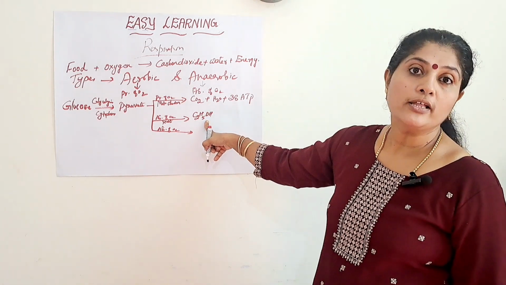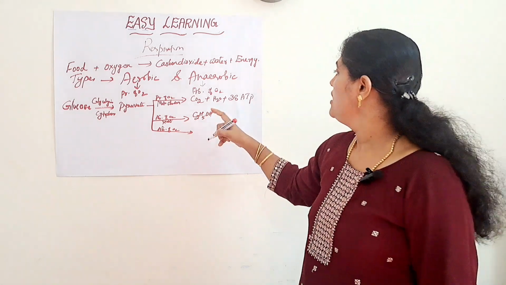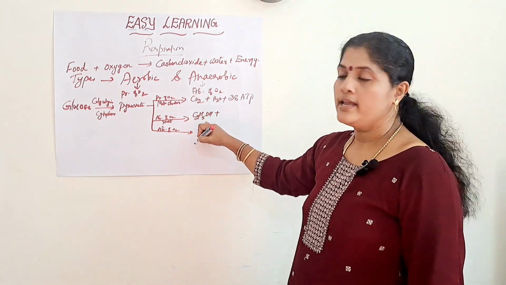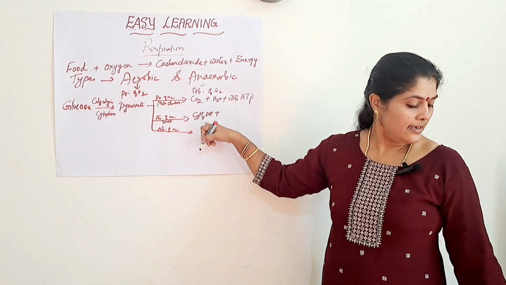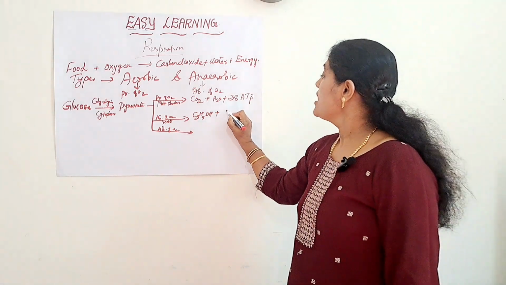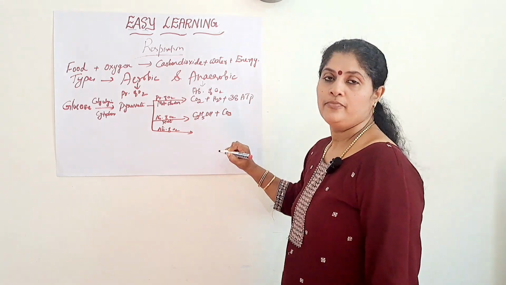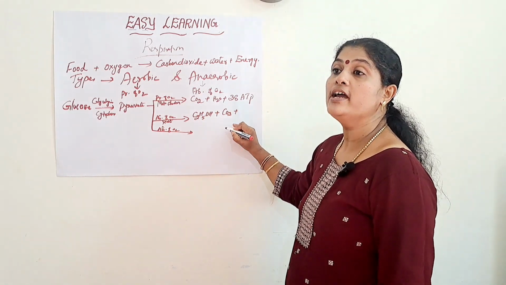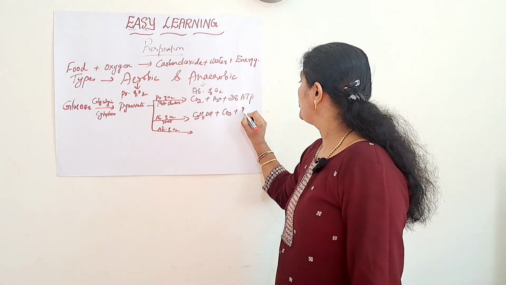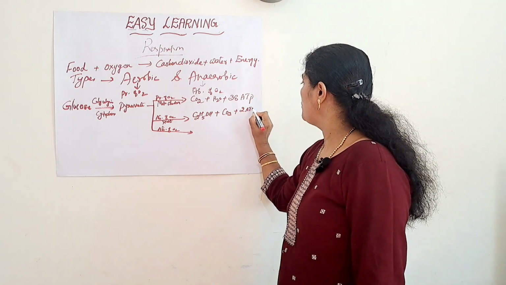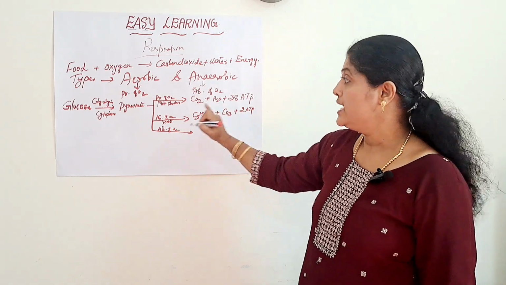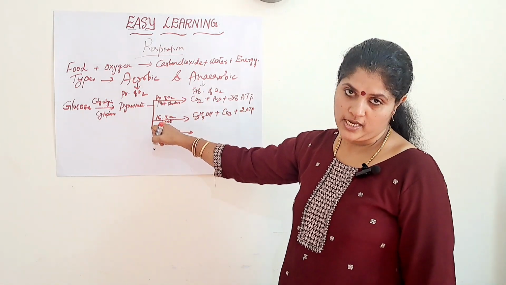Ethyl alcohol, otherwise known as ethanol, and then it gives carbon dioxide, and the amount of energy released is 2 ATP molecules. So the amount of energy released is very, very less in the absence of oxygen.